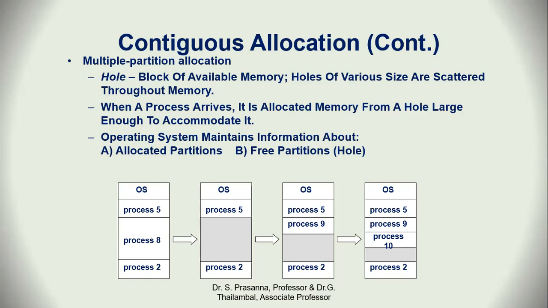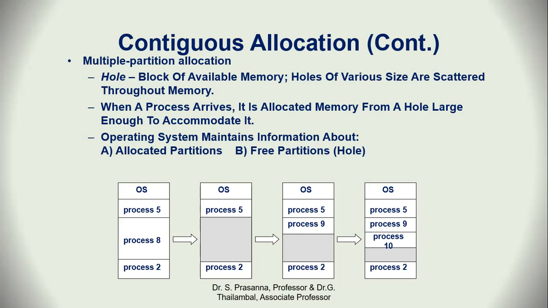You can see in the diagram, you have process 2, process 8, and process 5. When process 8 is taken out of the memory, its space becomes free. Process 9 now comes and is allocated after process 5. After that, process 10 comes and is allocated after process 9, because all these are holes.